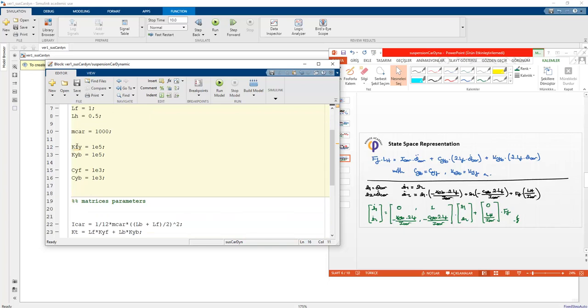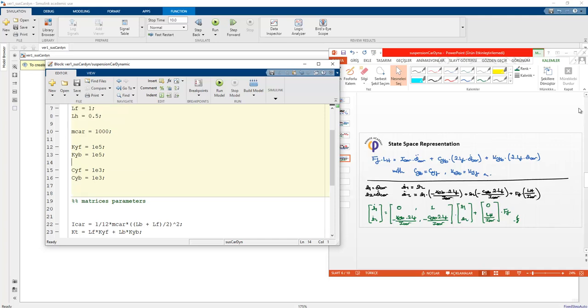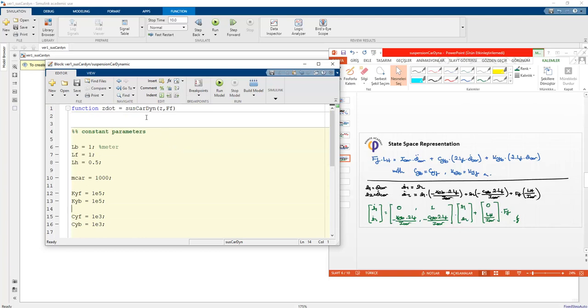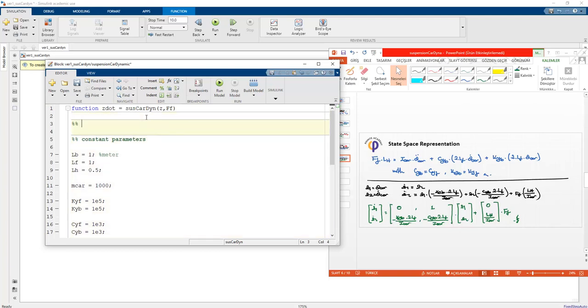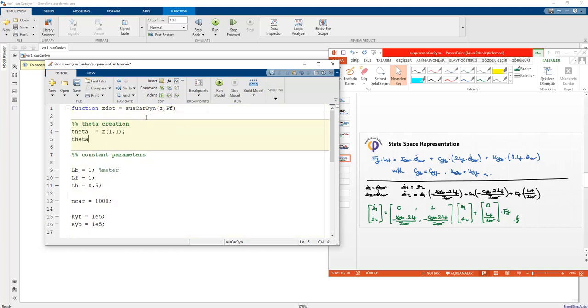In the first place, we can choose these coefficients, but in the next stage, in obtaining the time response, we can choose different k values or c values, okay? And so we also create the theta matrices in here, theta creation because theta is equal to z1 comma 1, and so theta dot is equal to z2 1.